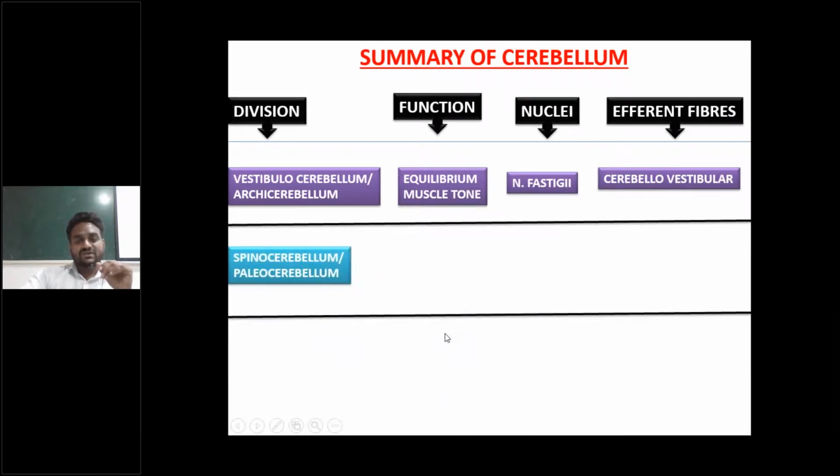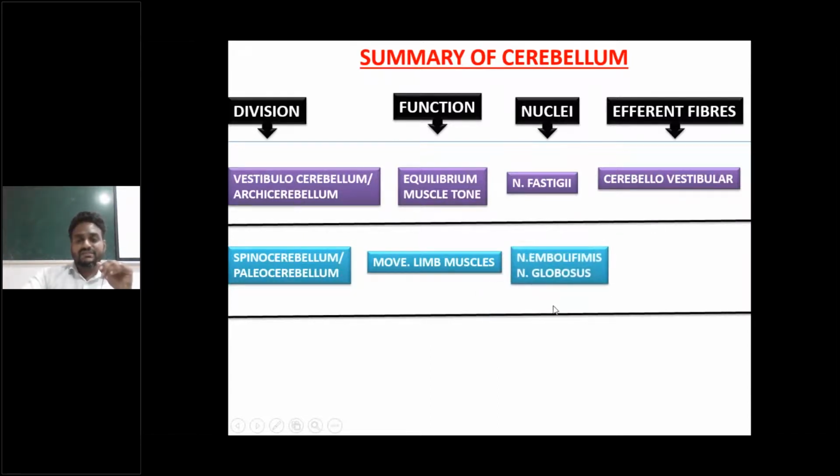The second one is the spinocerebellum or paleocerebellum. What are its functions? Movement and coordination of the limb muscles, mainly movements of limb muscles. Then what nuclei are present?